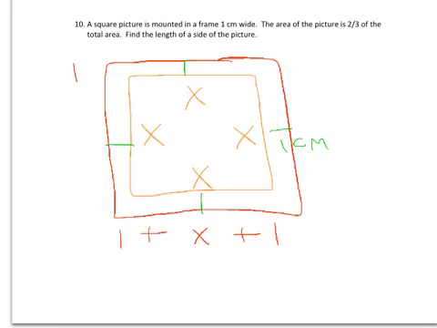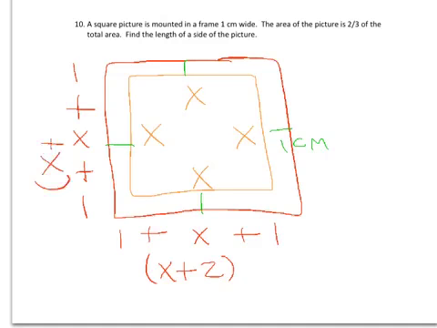And there's going to be 1 centimeter on the top plus x units in the middle plus 1 centimeter on the bottom. And so that gives me x plus 2 for the sides of my frame. Okay, and that's how big those guys are.